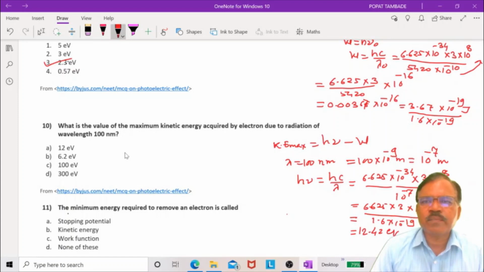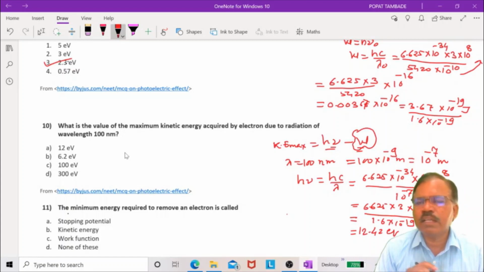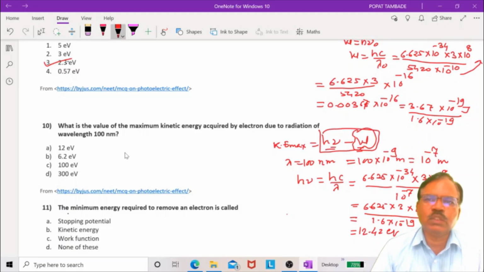So generally W is the work function. So here this work function must be less than h nu, or this one must be positive always or 0.